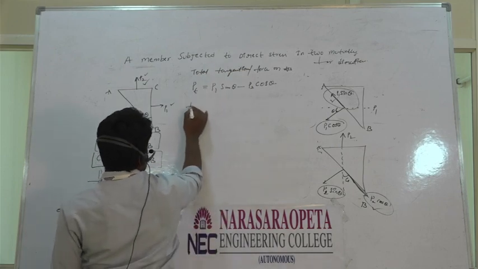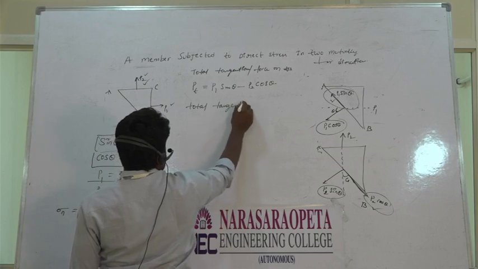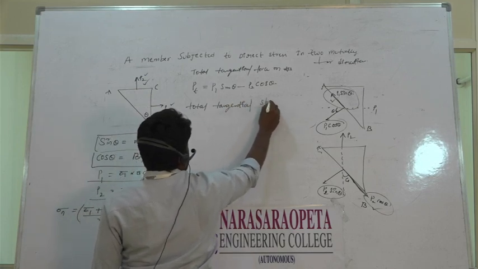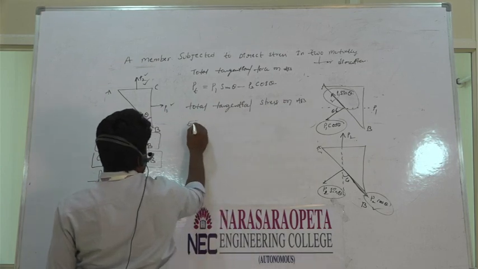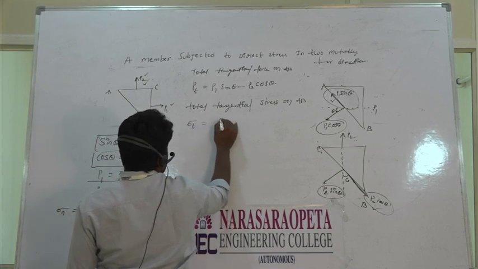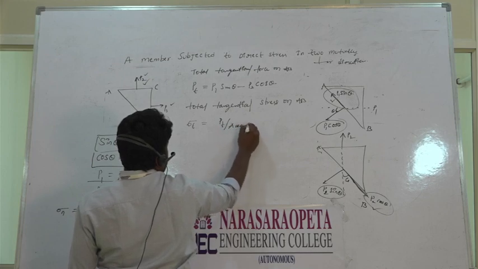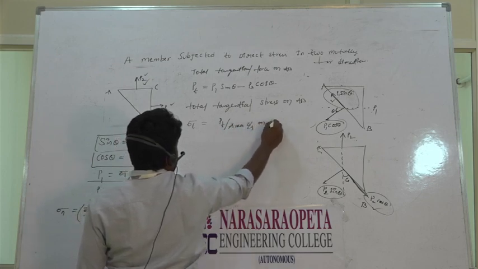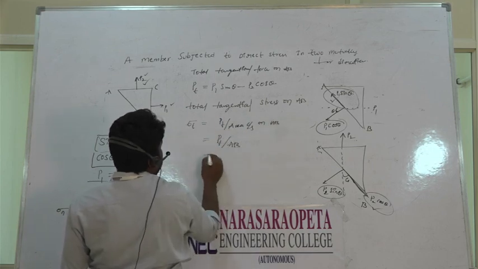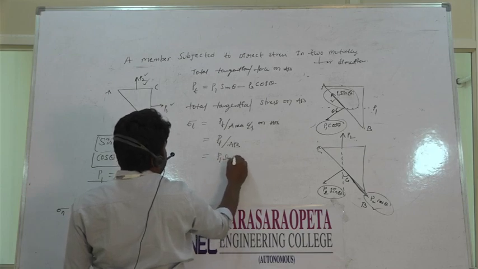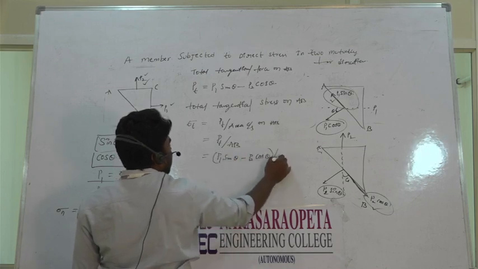And further, the total tangential stress on A, sigma T, equals the total tangential force by the area of cross section on A. So PT by A, where PT equals P1 sin theta minus P2 cos theta, divided by AB.